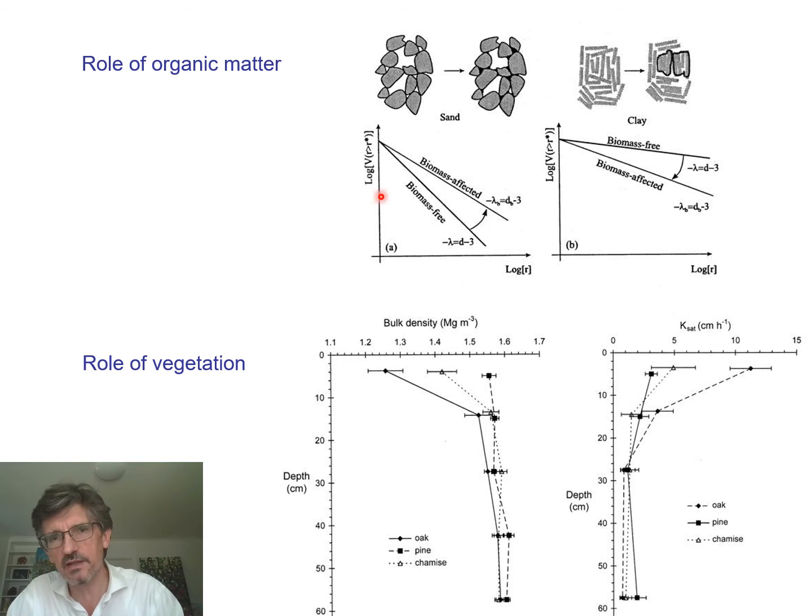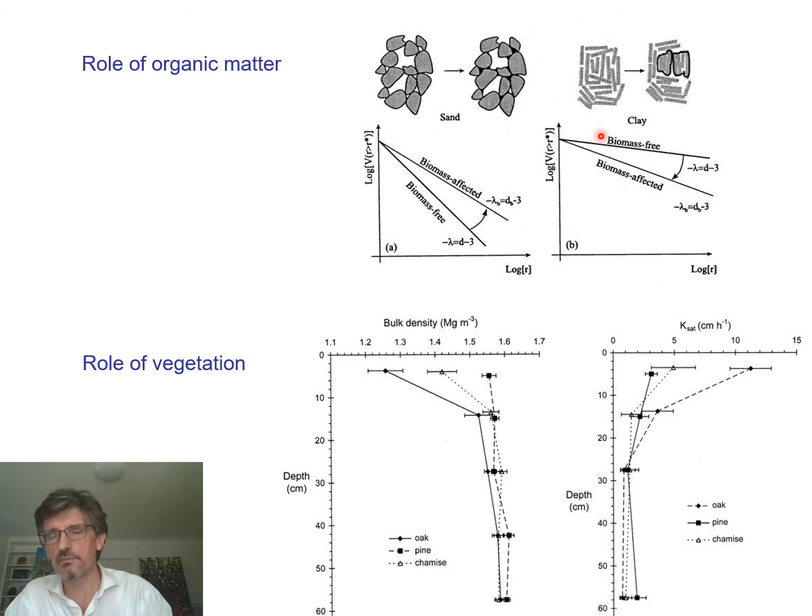What happens with the sand is that if you add organic matter, you tend to form smaller aggregates that reduce, relatively speaking, the number of small pores compared to the large pores. You get a kind of clogging of the smaller pores, so that the pore size distribution from something like this becomes something like that, assuming it remains a power law. So in all, the sand starts behaving more like silt, with a higher abundance of smaller pores.